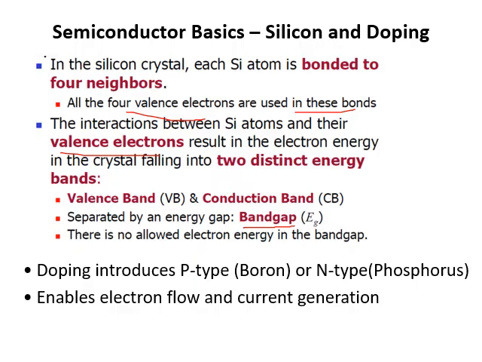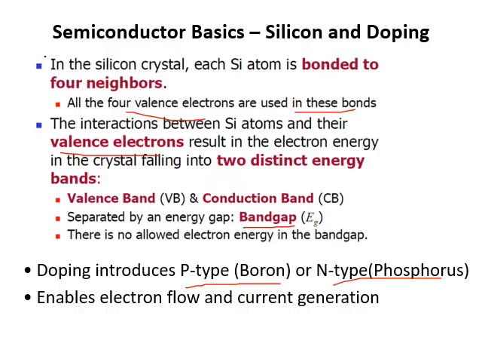Okay. Now we do the doping, which introduces p-type boron and n-type phosphorus. This will enable the electron flow and current generation. And I'm just reminding you of the difference between the valence and conduction bands.